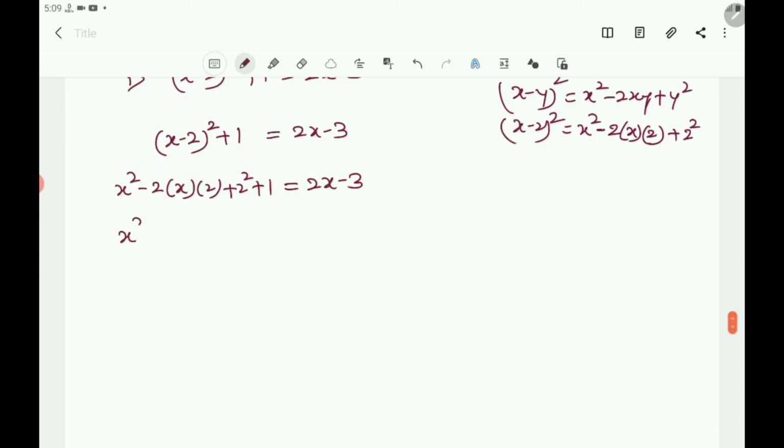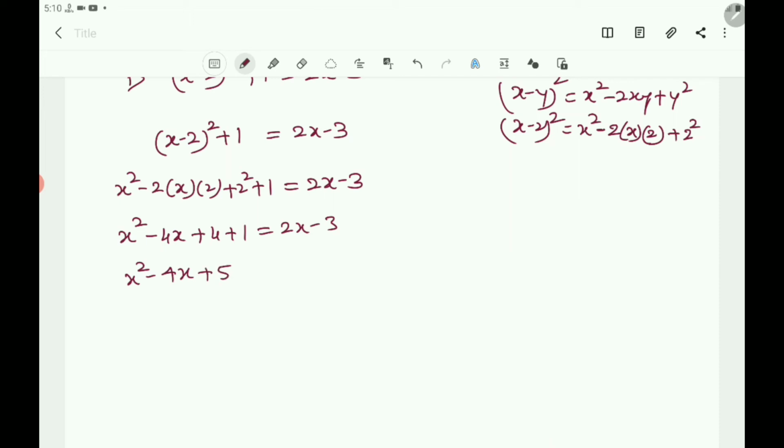The product of 2 into x into 2 is minus 4x, plus 4 plus 1 equals 2x minus 3. Then you will get x square minus 4x plus 5.